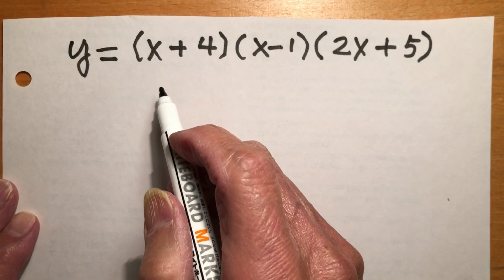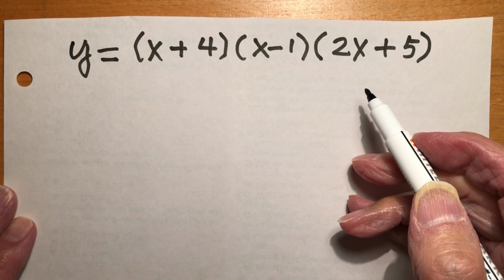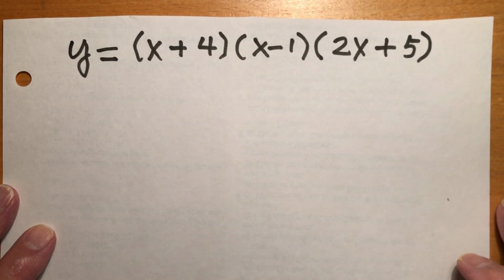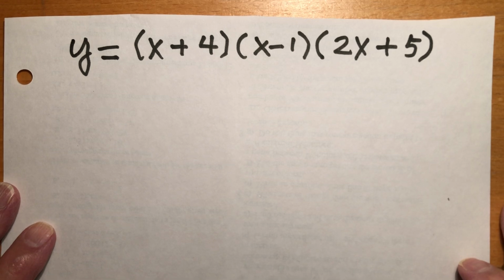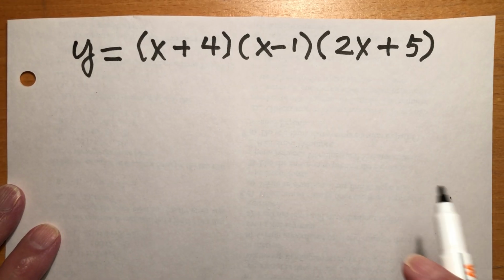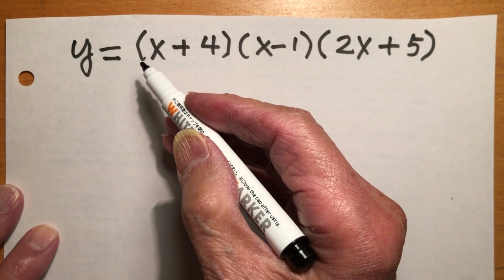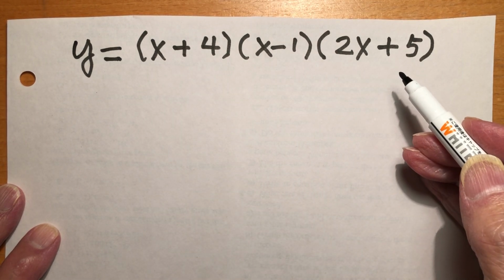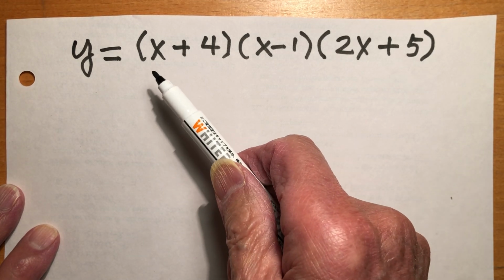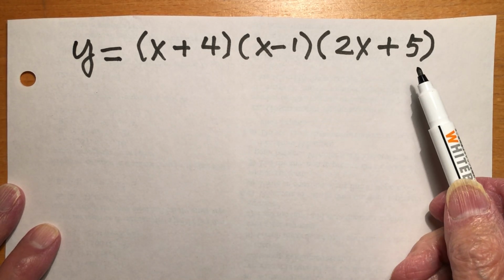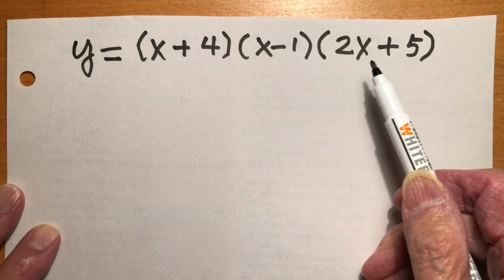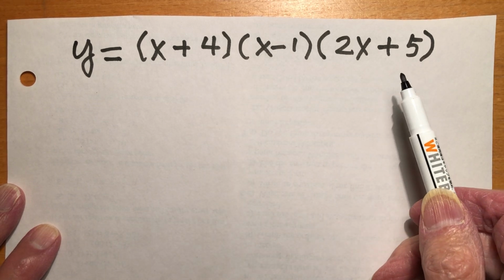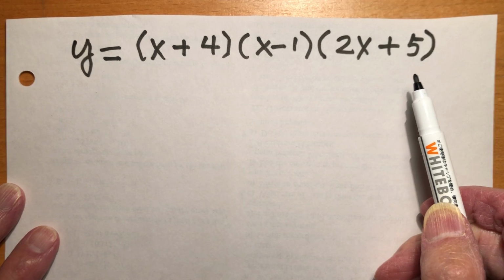And I can do a table of values, and I can graph it. But there is a short way of graphing it. When the polynomial is in the bracket form, it is convenient to draw a graph if the polynomial is factored into a factored form.